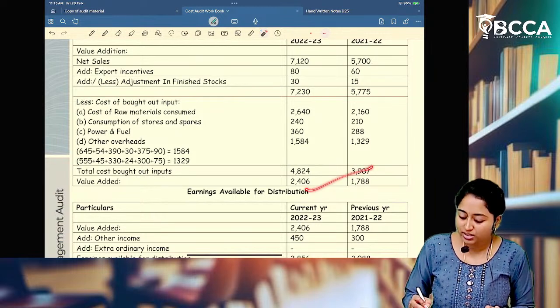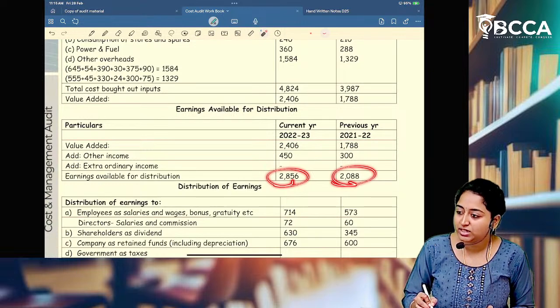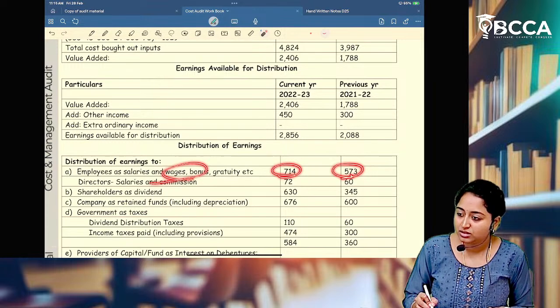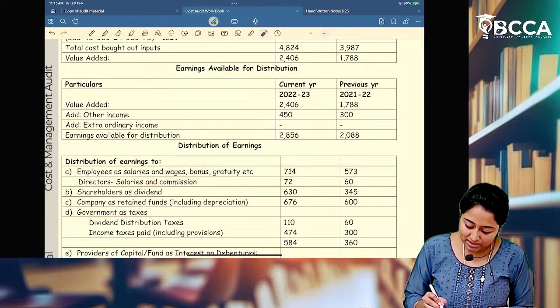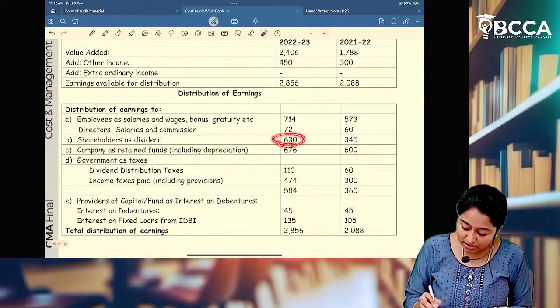Is value addition right? Next, 2856 and 2088 correct. Salaries 714 and 573. What is salaries? 786 and 633. Okay. Next, dividend 630 and 345.